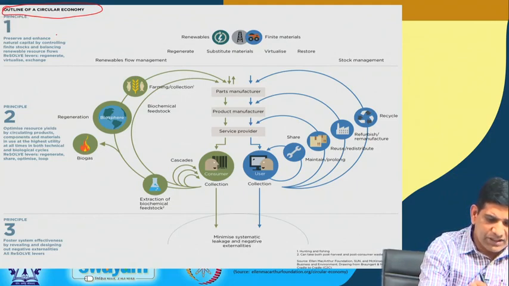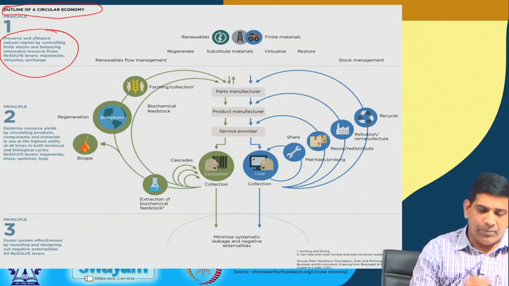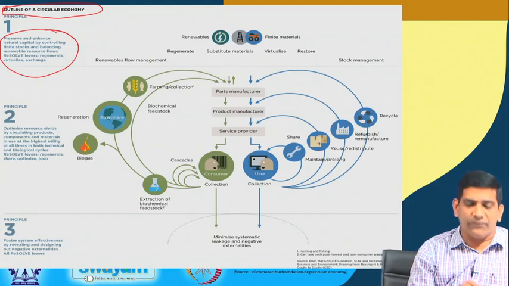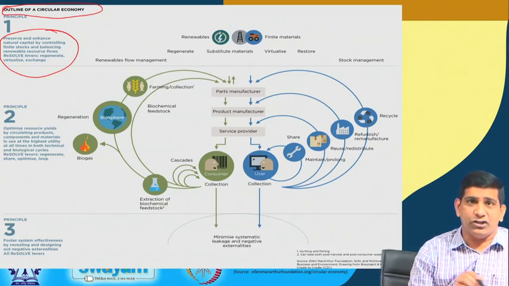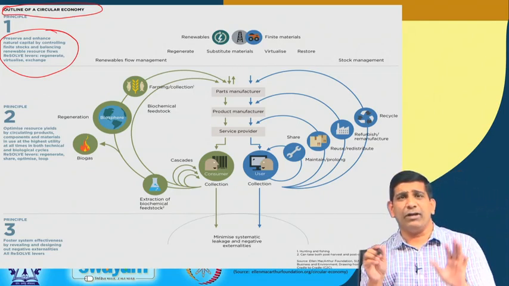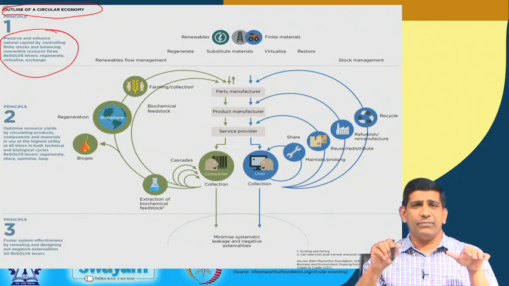The first principle is to preserve and enhance natural capital by controlling finite stocks and balancing renewable resource flows: regenerate, virtualize, exchange. Now, what is the meaning of these big words?